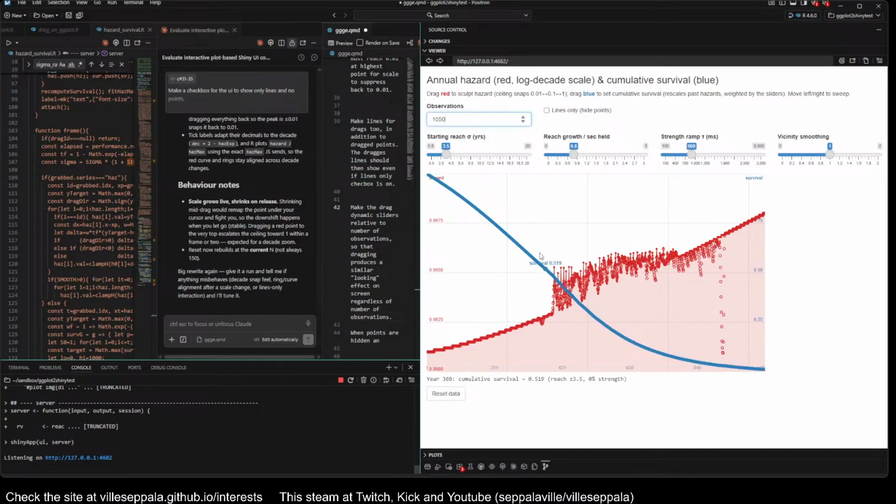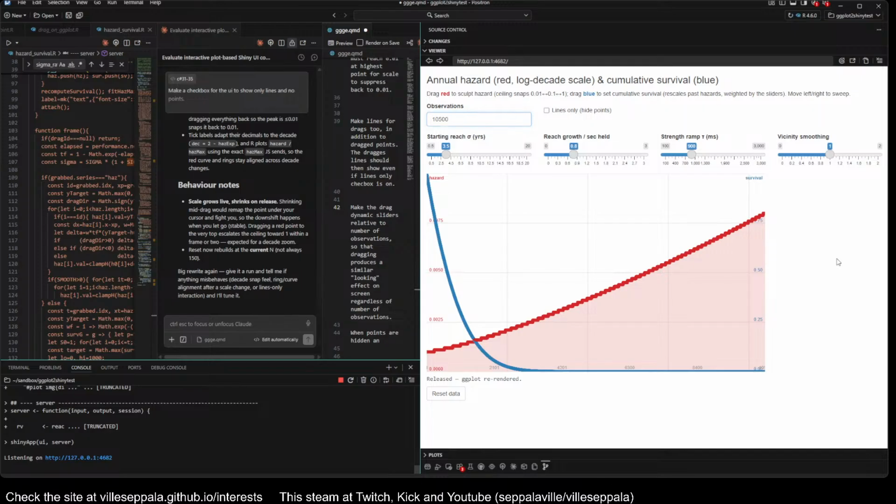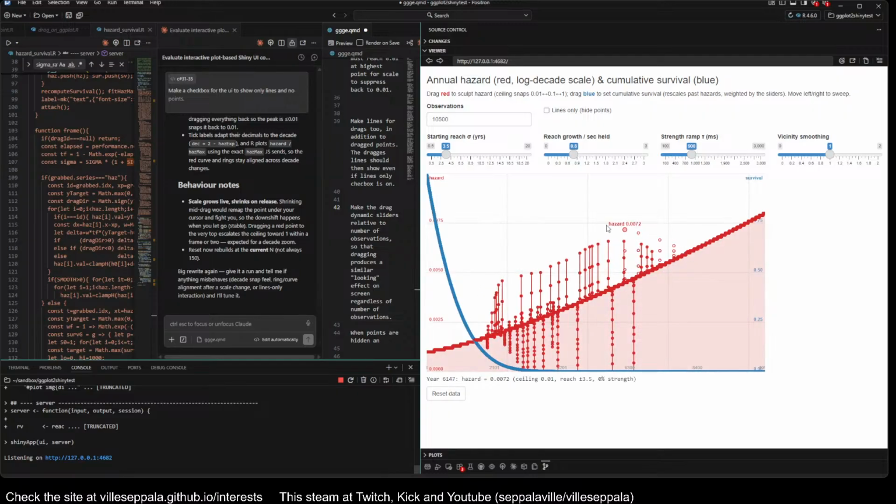I think it still looks very responsive, even if it doesn't work as I want it to work. So let's make this 10,000. I think it still feels okay. Now I feel it's starting to lag a bit.